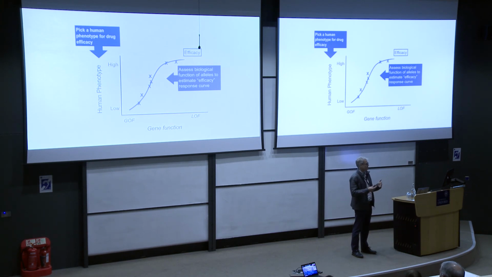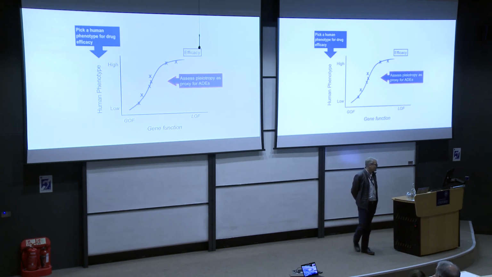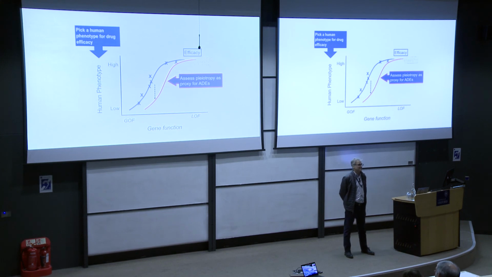Is it loss of function? What cell types are involved? What pathways are involved? If you start to do this, you begin to really understand a genetic perturbation on a target and how that could potentially be translated into a therapeutic hypothesis. And again, this is the variant-to-function component of the discussion that we're having over the next couple of days.